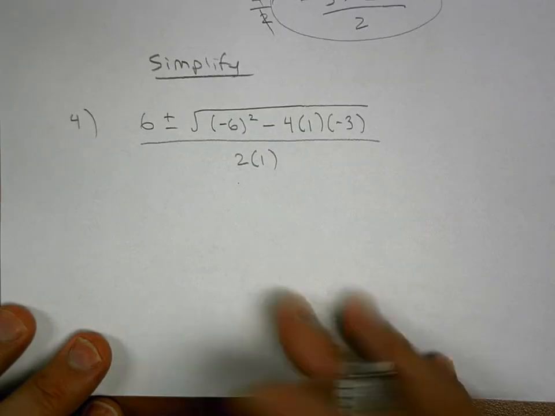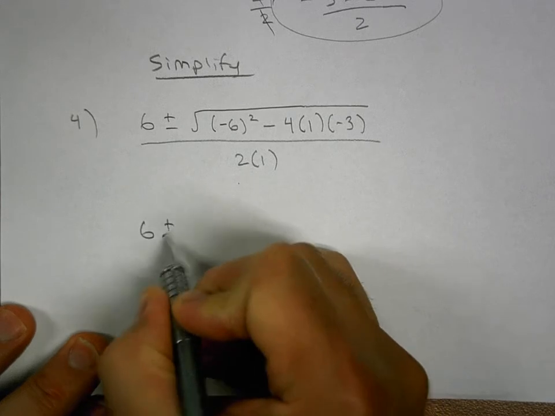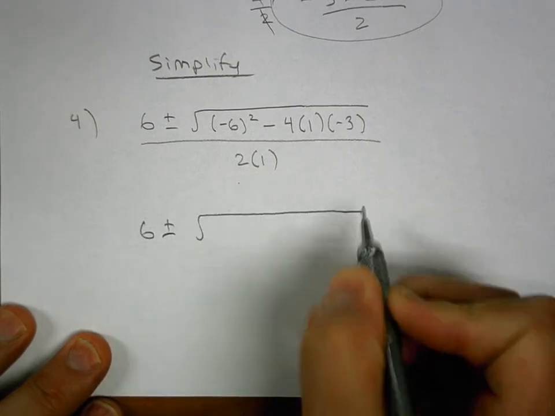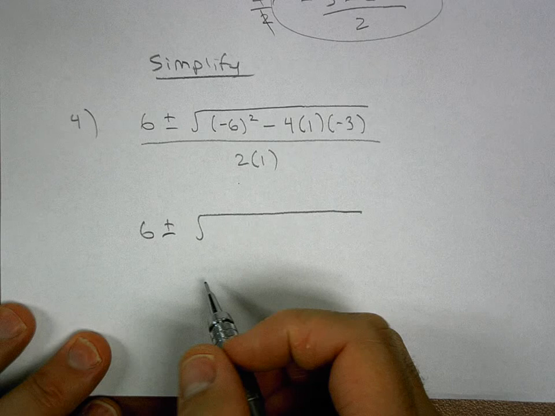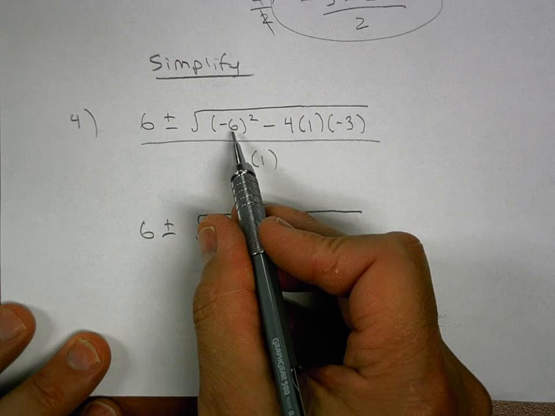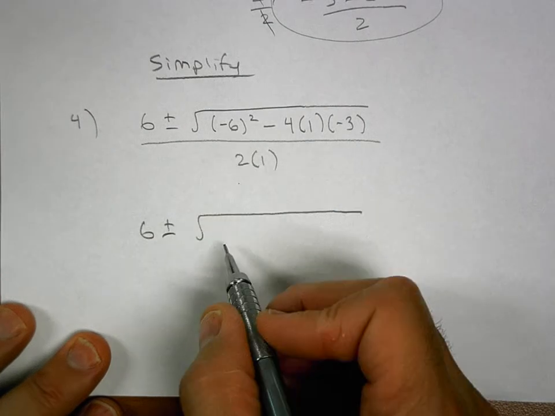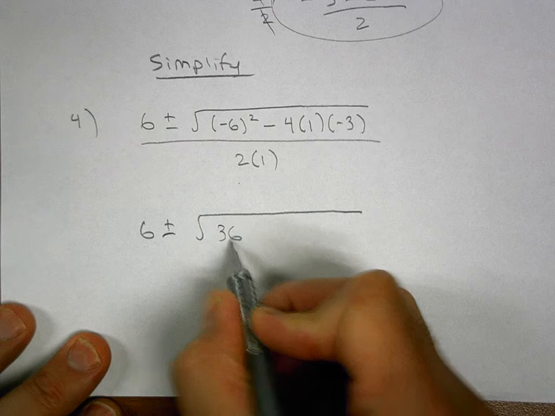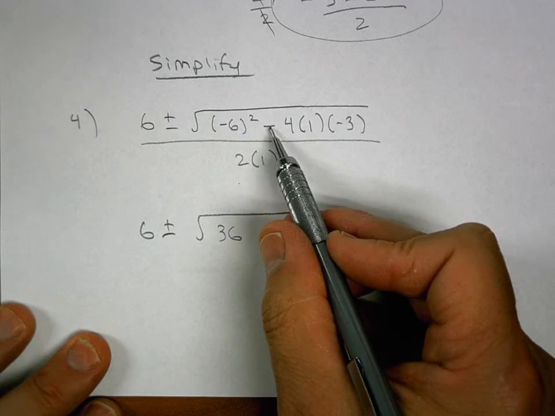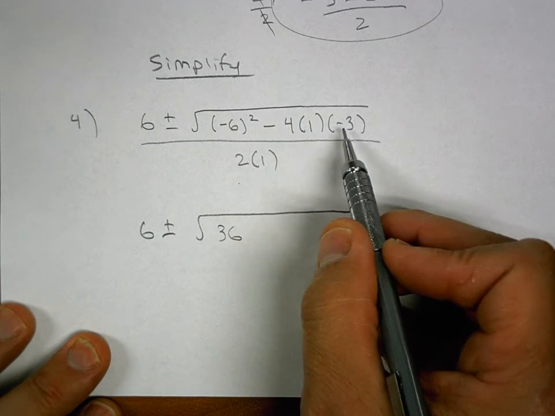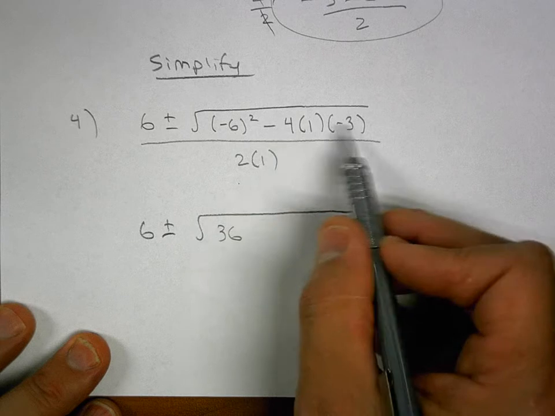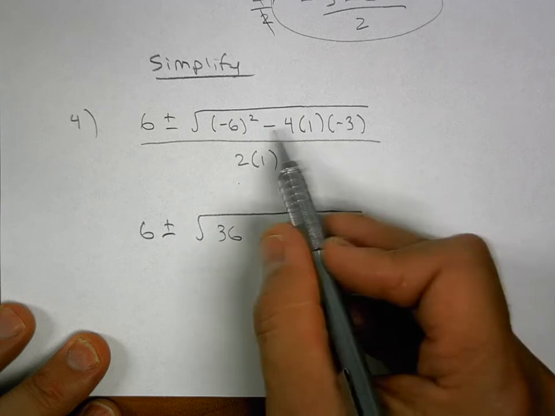Okay, let's simplify. So we have 6 plus or minus square root of, what do we have? What's negative 6 squared? Positive 36. Then we have minus a negative. If you see 2 negatives there, this becomes a positive.